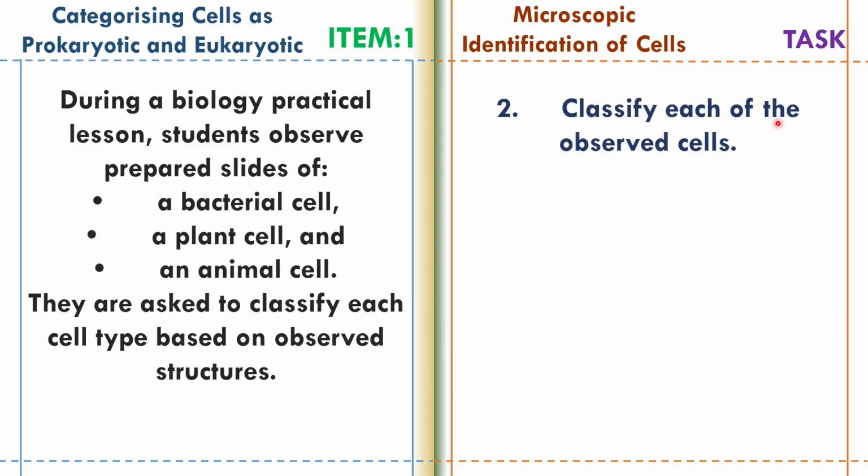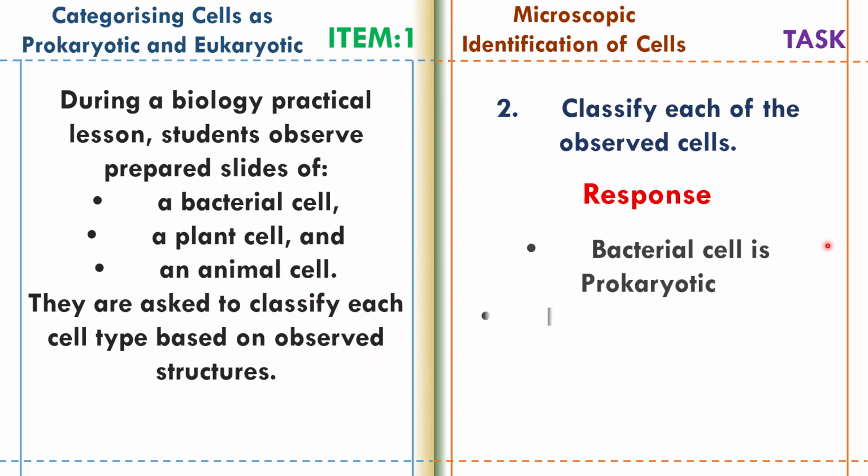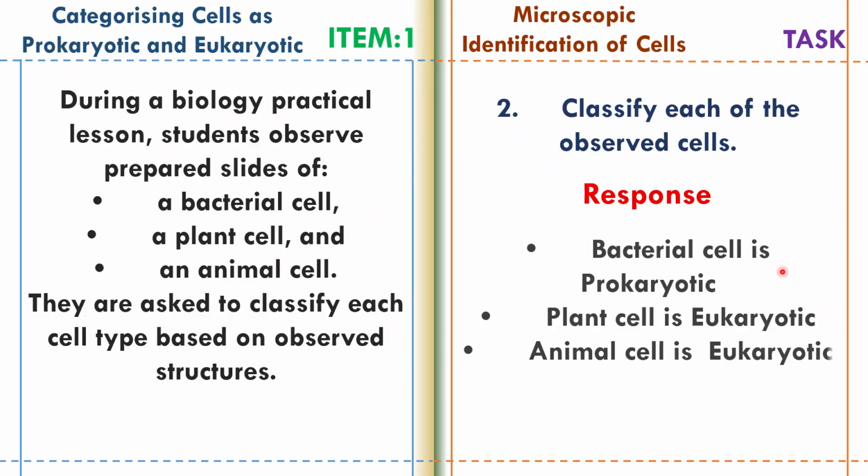Classify each of the observed cells. Bacterial cell is prokaryotic. Plant cell is eukaryotic, and animal cell is eukaryotic.